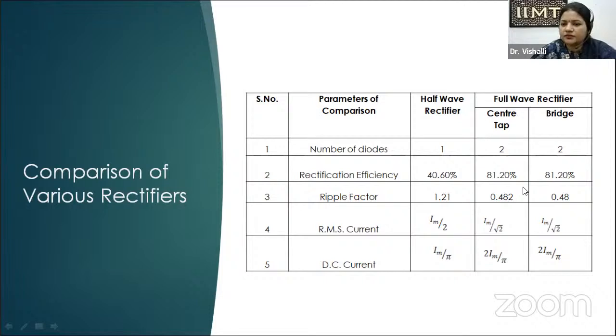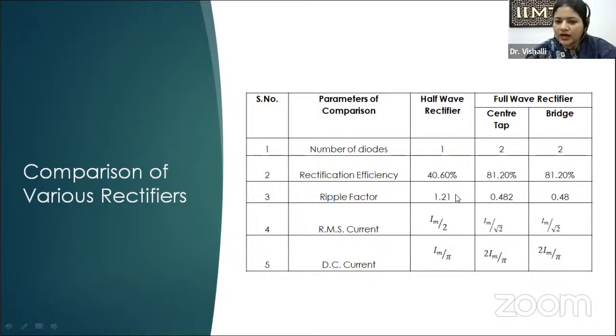So if we compare the full wave rectifier, whether it is center tap or bridge, we can say that there is much improvement in the efficiency as well as in the ripple factor, right? Efficiency is increased from 40 to 80%. This is the maximum value of the efficiency, and the ripple factor is reduced. Ripple factor, in other words, I have told earlier, is the AC component which is present.